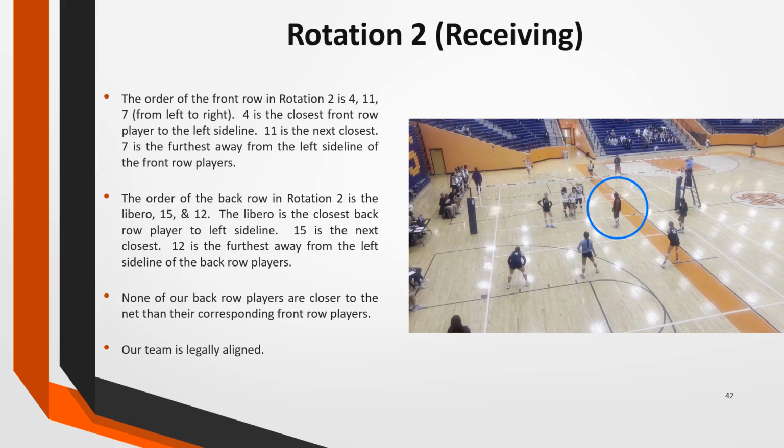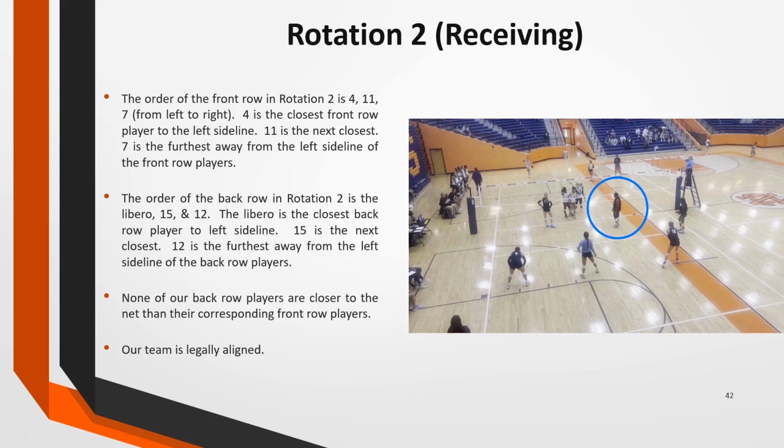I also know from this image that my libero, even though they may be alongside each other with respect to being the closest players to the net, is not closer to the net than number 4, who is our left front. Therefore, we're good there. If I really wanted to be nitpicky there, I would just give my libero a little verbal nudge to back up a couple of steps. Don't be that gotcha official.